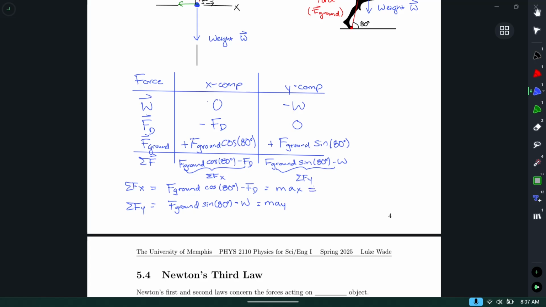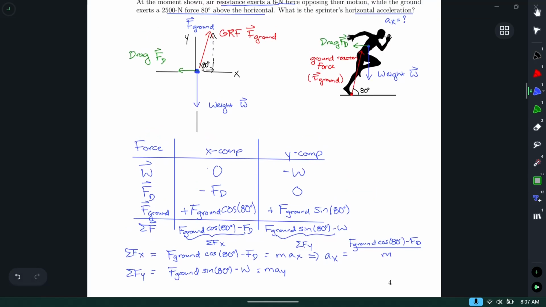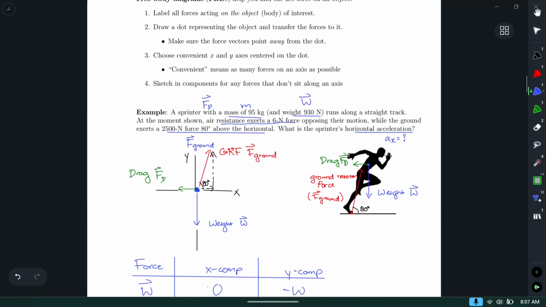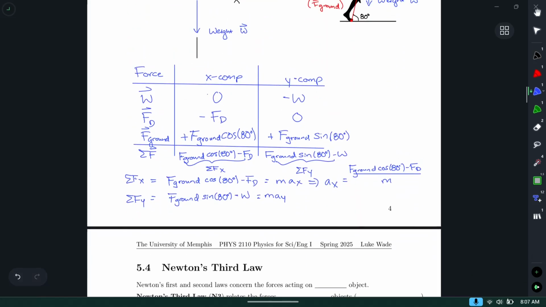And so, we're just concerned with the x piece in this question. So we solve for x acceleration: F ground cosine 80 minus FD over the mass. And we come back up here, we see that F ground is 2,500 newtons and FD is 6 newtons.